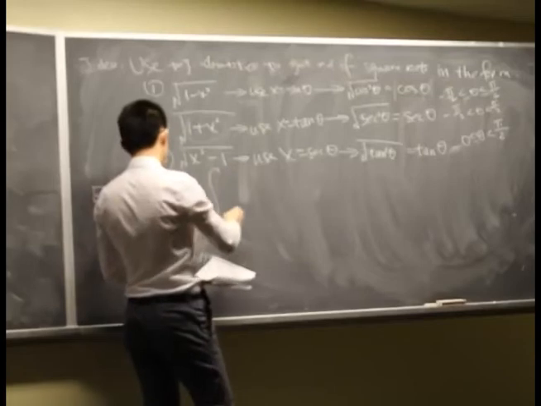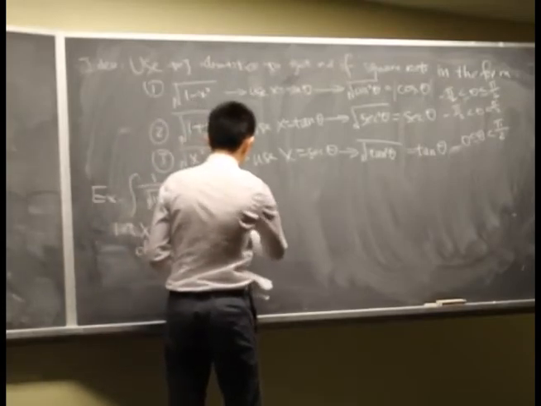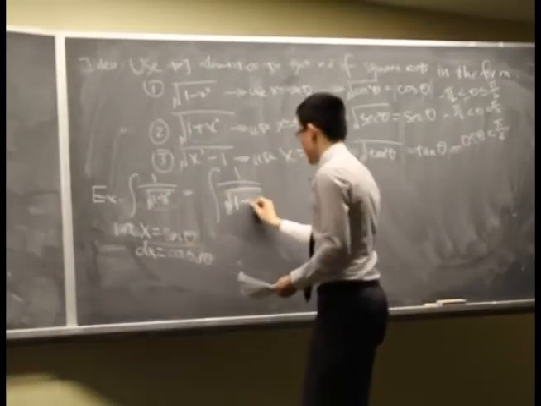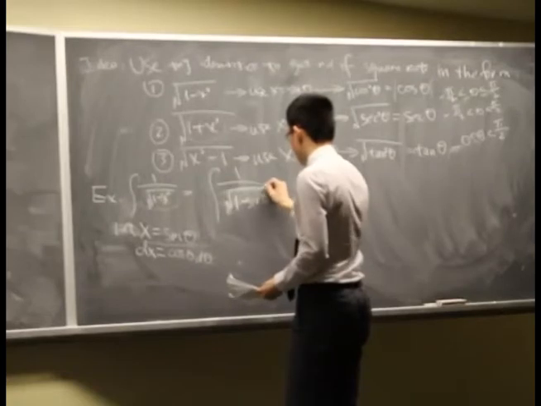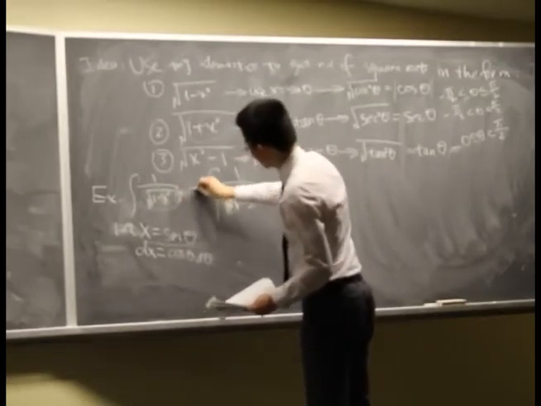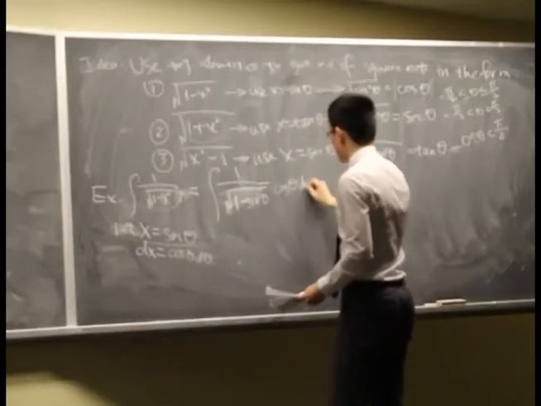So this will become integral of 1 over square root of 1 minus, we let x equal sine here, so it's going to be 1 minus sine squared theta. And then dx, my bad, I didn't write dx right here, equals cos theta d theta.